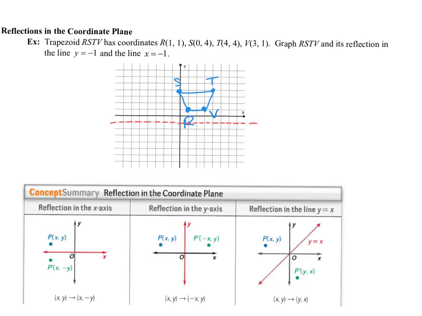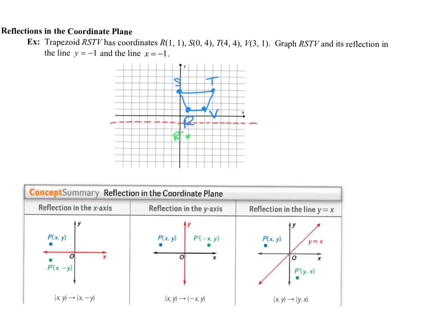So let's first of all find where point R prime would be. All right, so if the red line is the line of reflection, then a segment that connects R to R prime should be bisected and perpendicular to this red dotted line. So that means that R prime should be, let's see, if R is 2 units above the red line, R prime should be 2 units below the red line, okay?